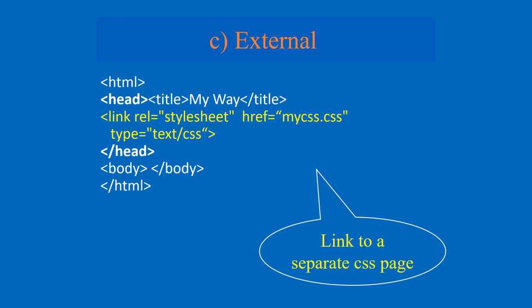In double quotes, give the file.css file, either with the complete path, or if both are in the same place, then only the file name is enough. Then type equal to text/css, which is not mandatory but optional; the first two are mandatory.